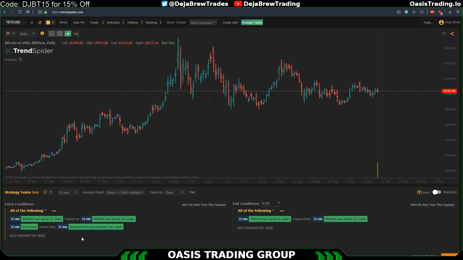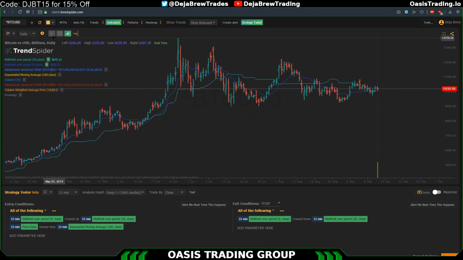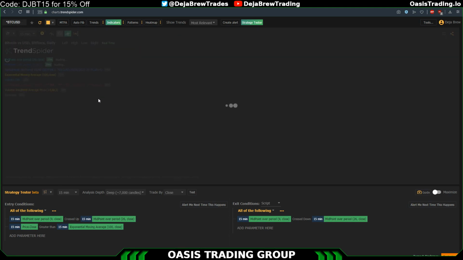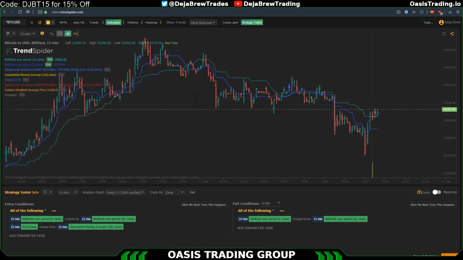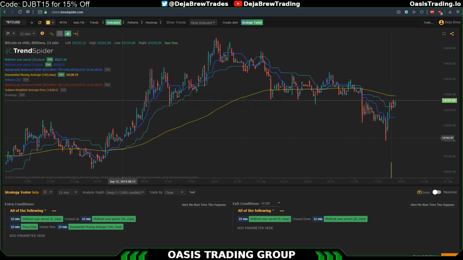So what I went ahead and did is I built a strategy using the 15-minute chart. It looks for a bullish TK cross. Let me pull up the 15-minute here. It's going to look for when this blue line crosses the teal line to the upside when it's above the 100 EMA.